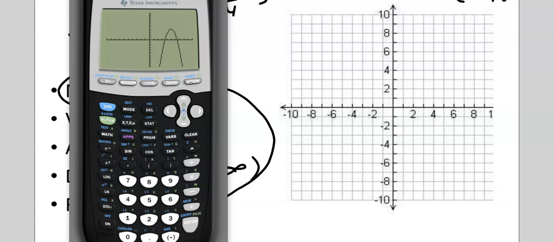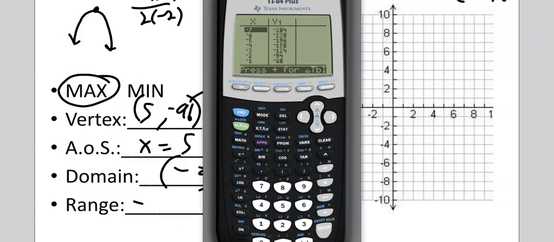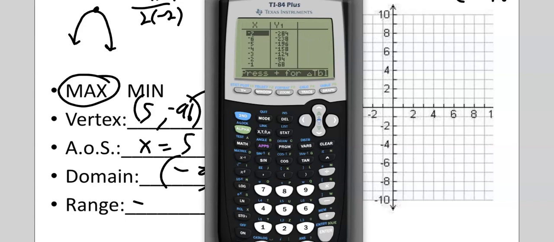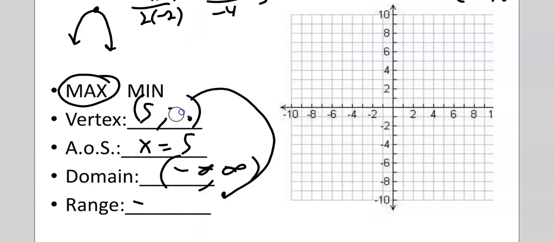Okay, but obviously if I go to my graph now, my table, this is going to change my vertex. So I go to 5 and see what I get. 5, 4. That's a lot better.